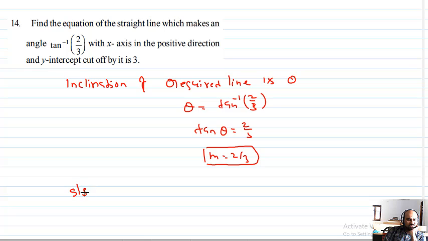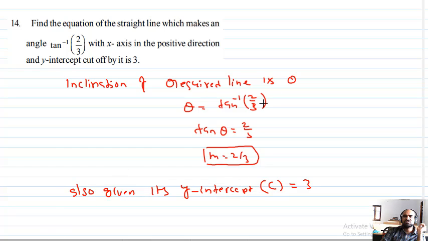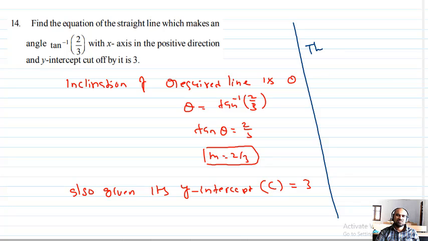Also given is its y-intercept, c equal to 3. M given, c given: y equal to mx plus c form, the slope-intercept form of a straight line. The equation of a line is y equal to mx plus c.